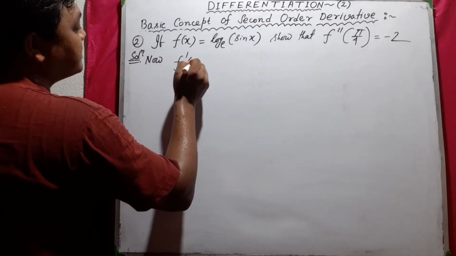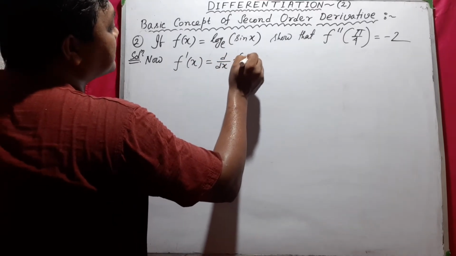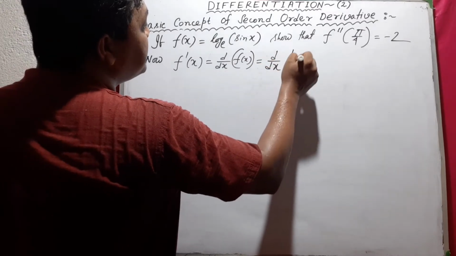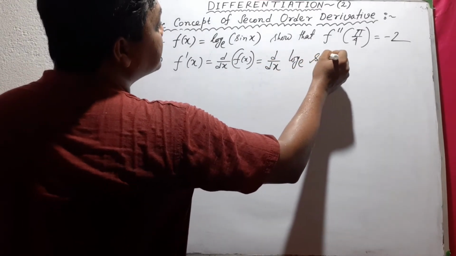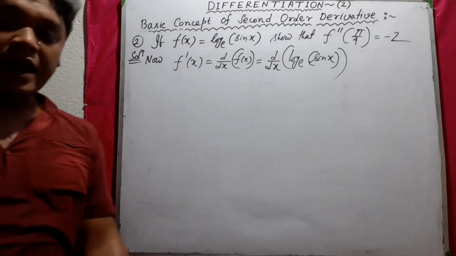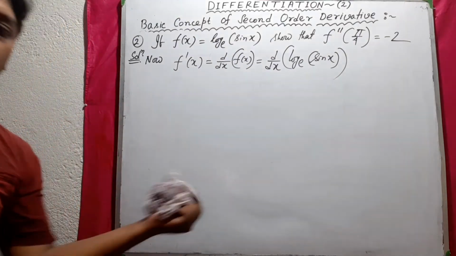f dash x equals d/dx of f(x). And what is my f(x)? That is log base e sin x. In the previous problem do not just put sin x, because that was e to the power log sin x; this is only log sin x.